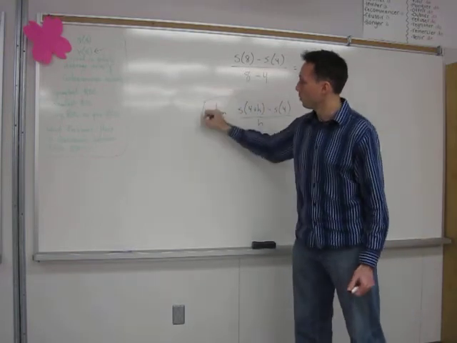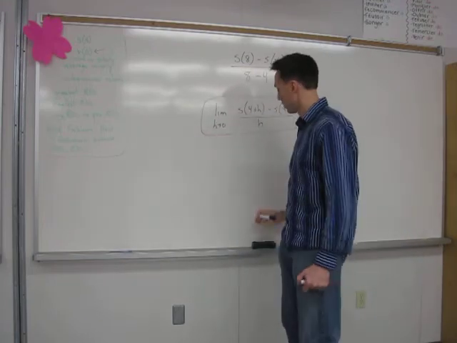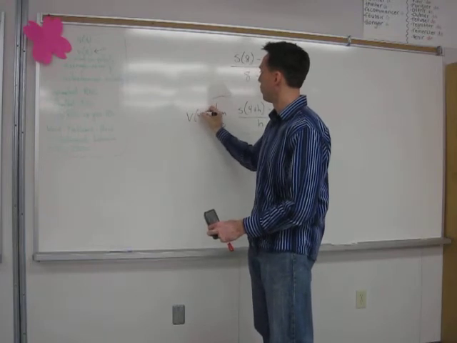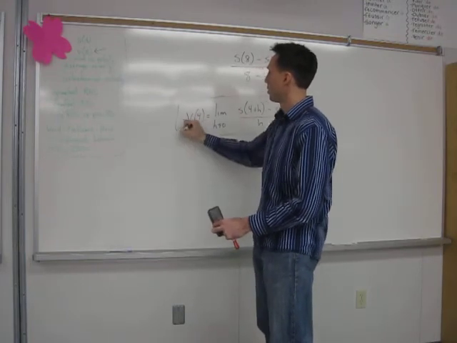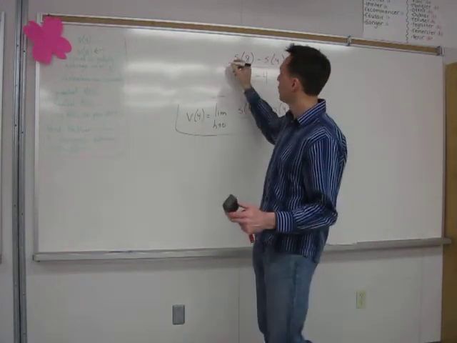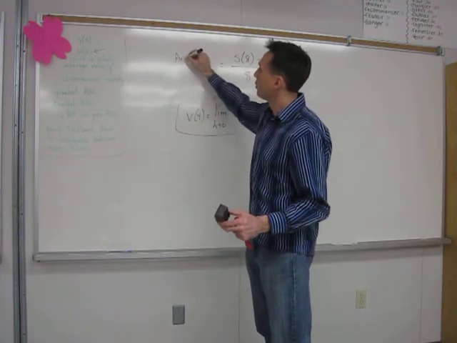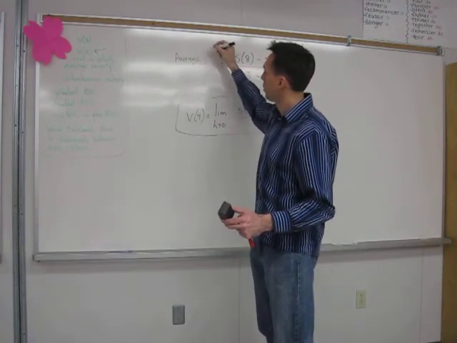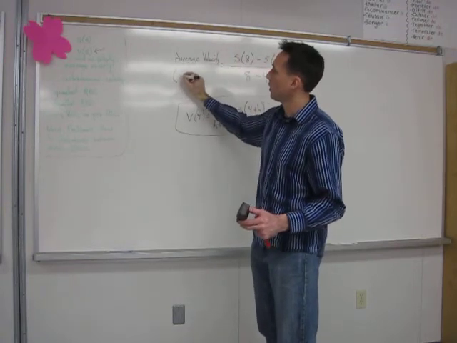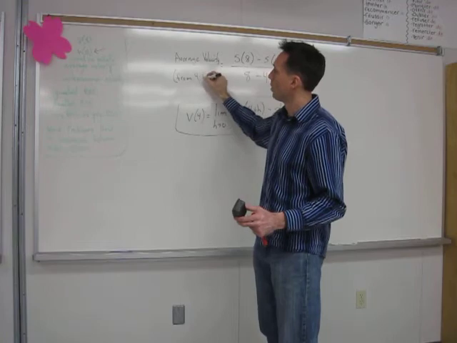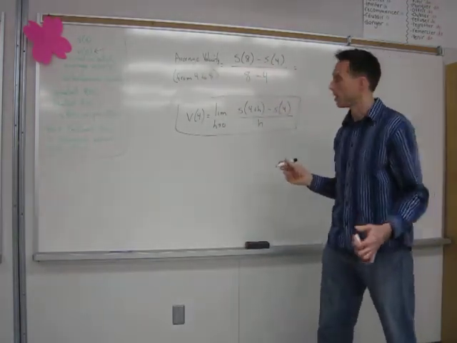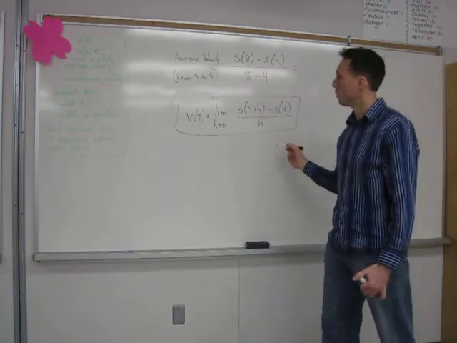Okay, so this one, we need to take the limit, let me actually write this as v of 4. The limit, because we want the instantaneous rate of change. And this one here is average velocity. And in brackets, I'm going to say from 4 to 8 seconds, basically. Okay, I didn't put the units, but I'm just talking seconds. It could be hours, who knows.